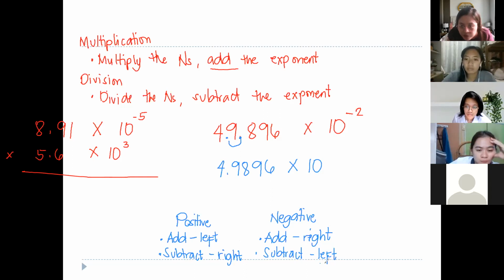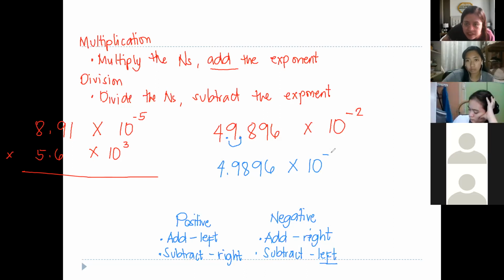Pag nag-move ta to the left, unsay mahitabo, mag-subtract ta sa exponent. So, kaisa lang man ta nag-move. So, negative 2 minus 1, that is negative 3?